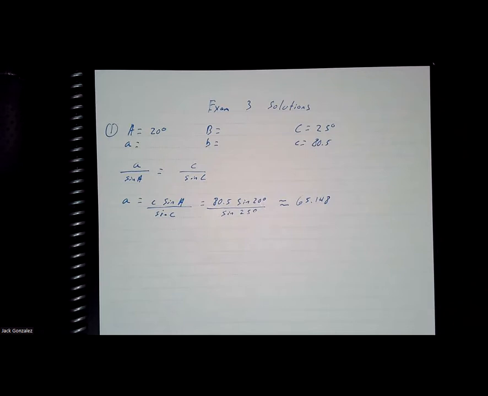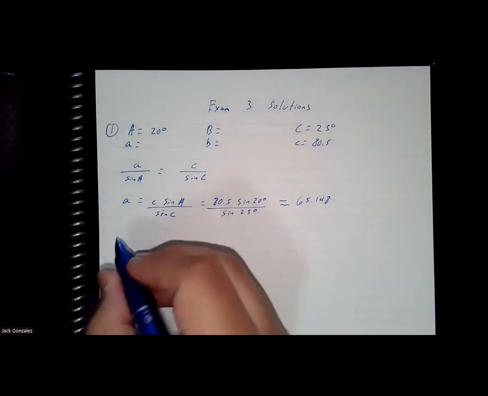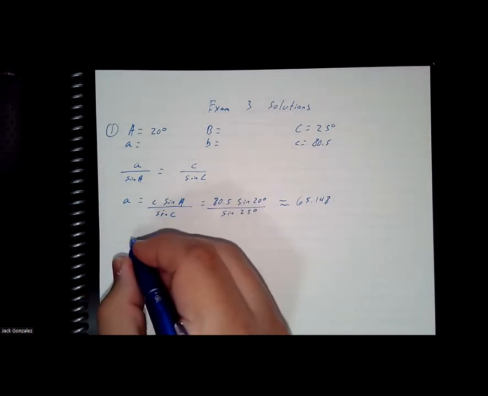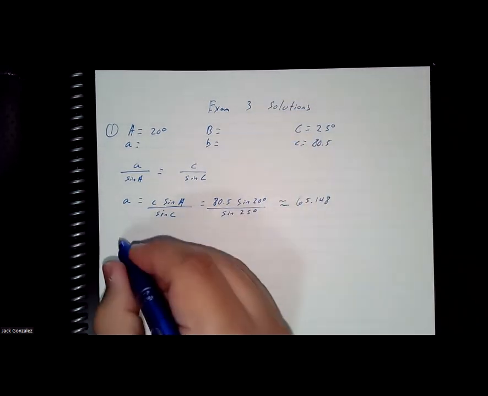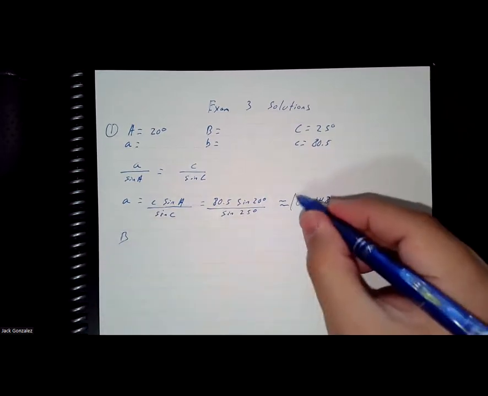Now do the same thing for little b. Although we need this angle, but if you subtract from 180, we can get capital B, no problem. So let's do that next.